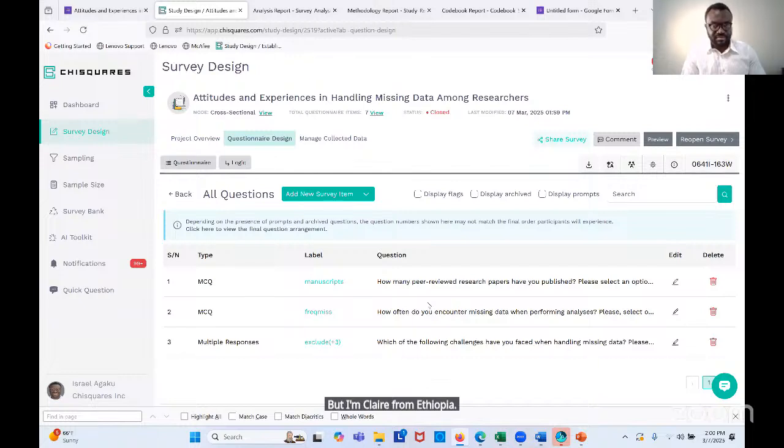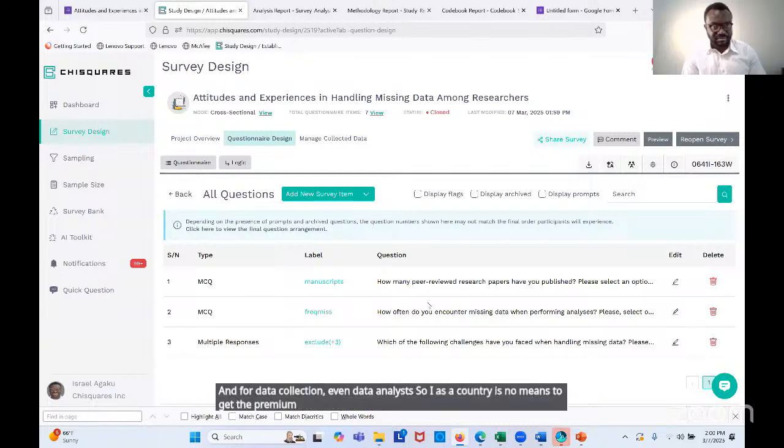This is free, but it will be premium to use it more in detail, for data collection and even data analysis. As a country, there is no means to get the premium feature of the Chi-Square platform.